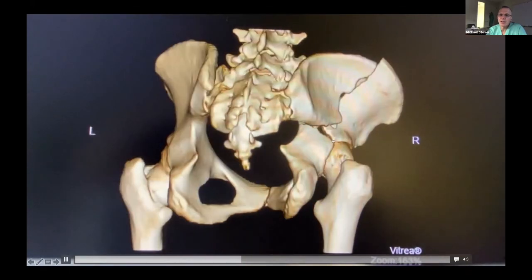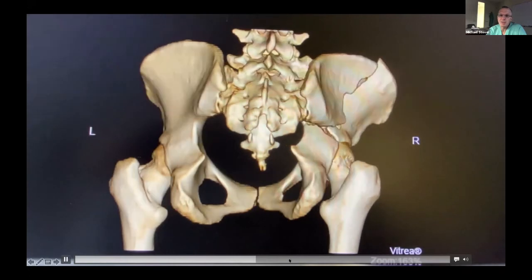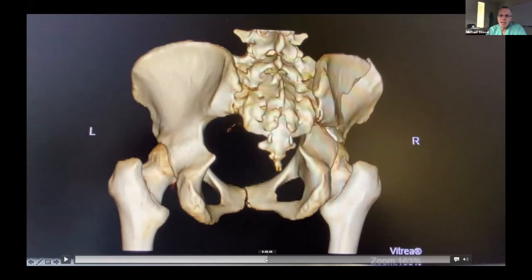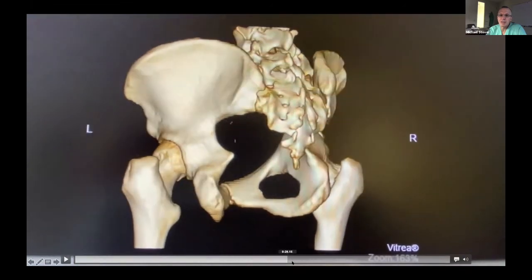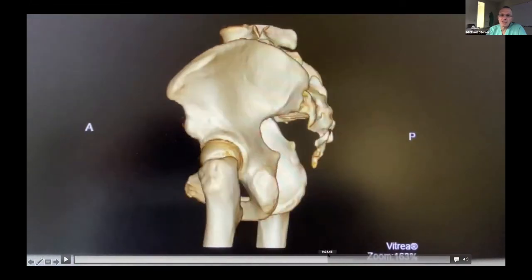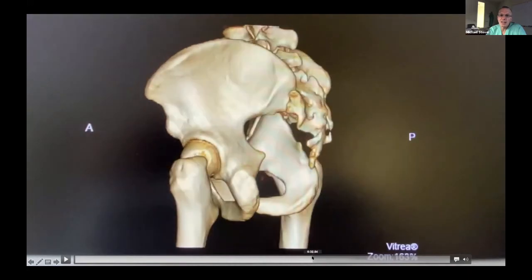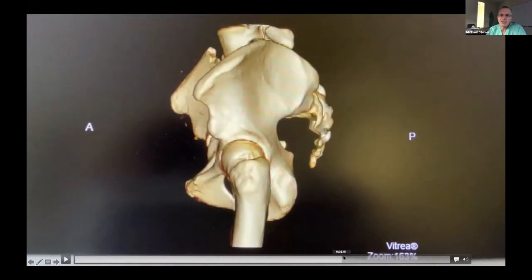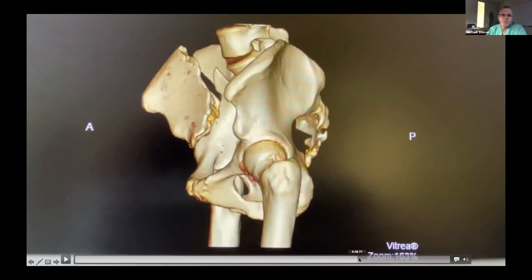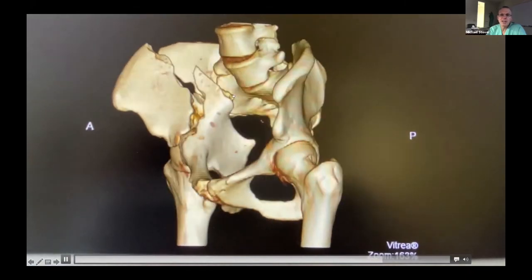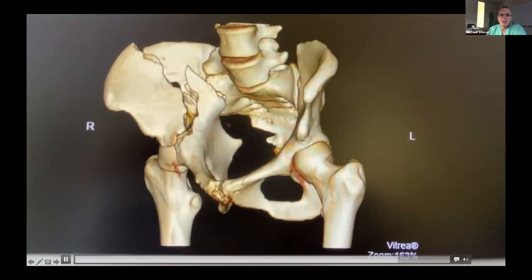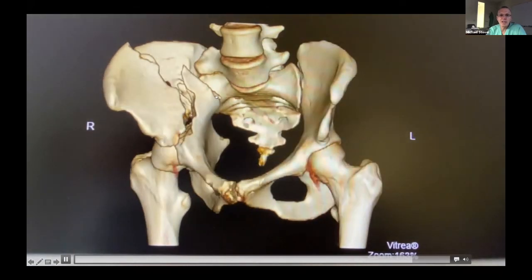You'll take note here that there's minimal displacement at the rim, consistent with maintenance of the capsulolabral junction, which can facilitate reduction. You can see that the fracture is very high on the internal aspect of the bone, and you can see that it enters the SI joint right here, and this is actually the anterior part of the SI joint of the intact ilium.